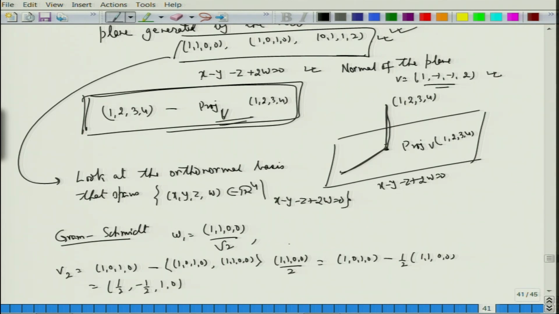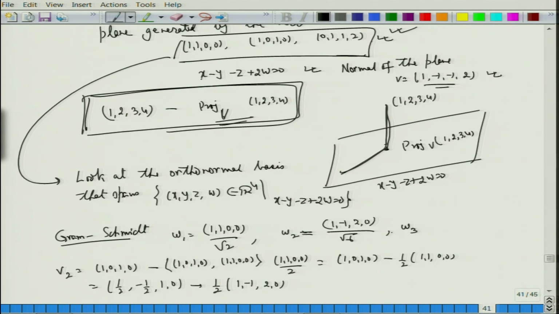Therefore, W2 can be taken as, just look at this part, I can take out half outside, it will be 1, minus 1, 2, 0. So, I can take W2 as 1, minus 1, 2, 0 divided by the square root of 6.